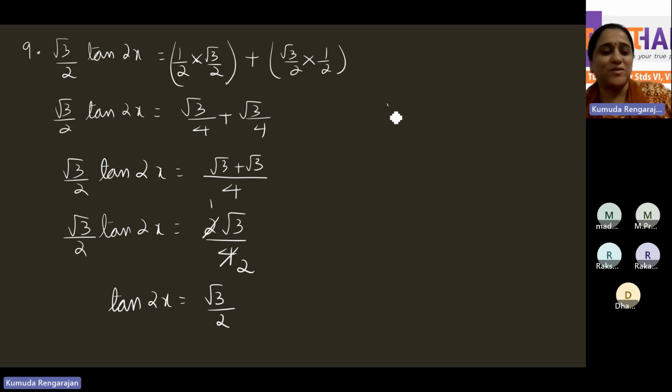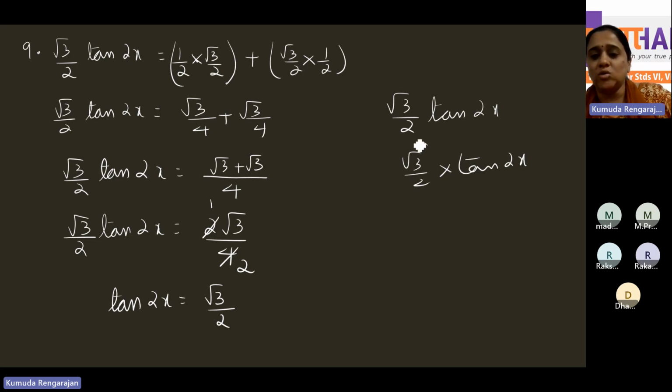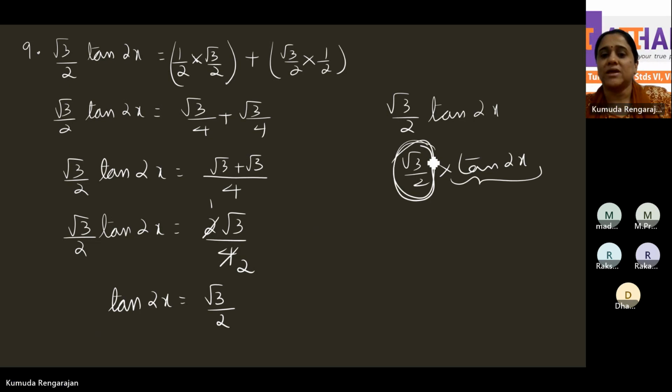Once again. So root 3 by 2 tan 2x. How do we understand this? Root 3 by 2 tan 2x is root 3 by 2 into tan 2x. This is free. This root 3 by 2 is not controlled by this one. This is independent. This is free. This can go to the other side. Root 3 by 2 into tan 2x. This is different.